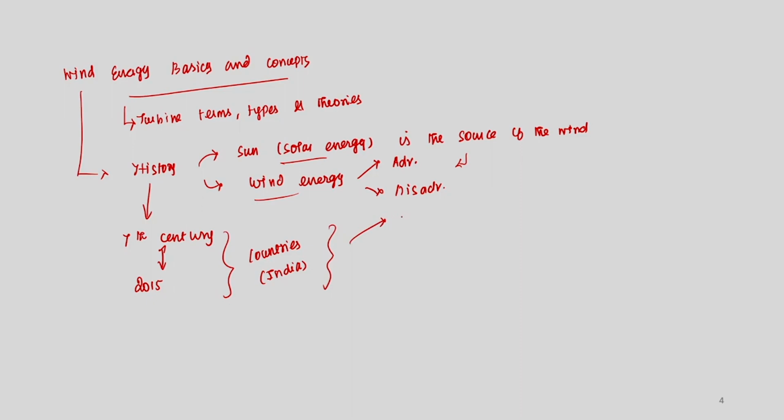Before going into those terminologies, we used certain things. One is the horizontal axis wind turbine, in which we also introduced the multi-blade rotor system or the 2 or 3 blade propeller type wind machine.